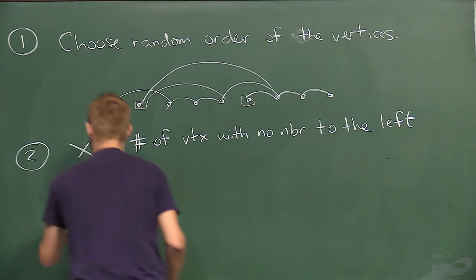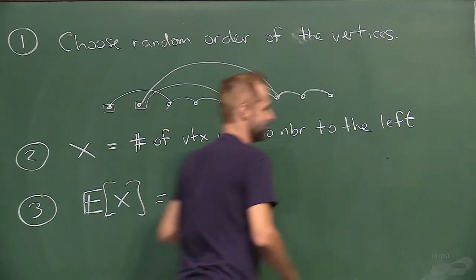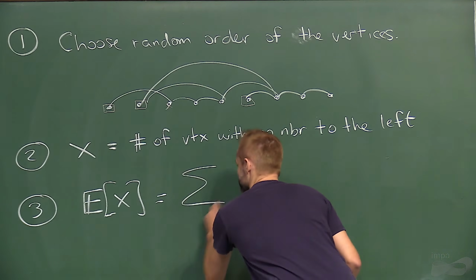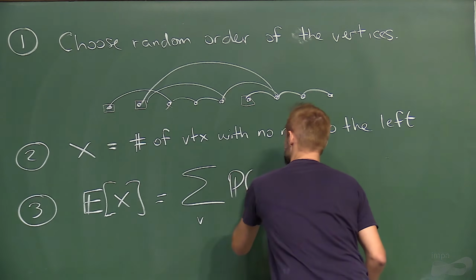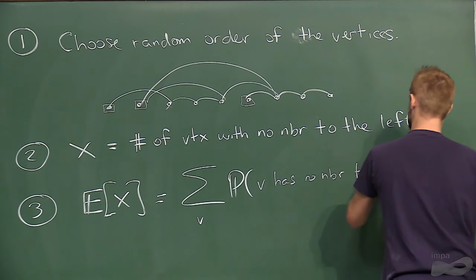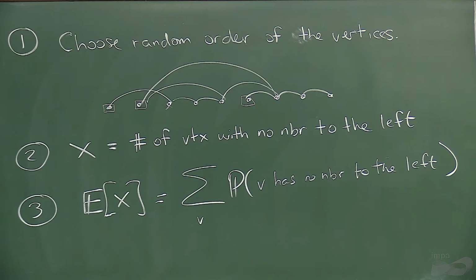And what is the expectation of x? Well, it's the sum over vertices of the probability that v has no neighbor to the left. And what is the probability that v has no neighbor to the left, in a random permutation of the vertices?